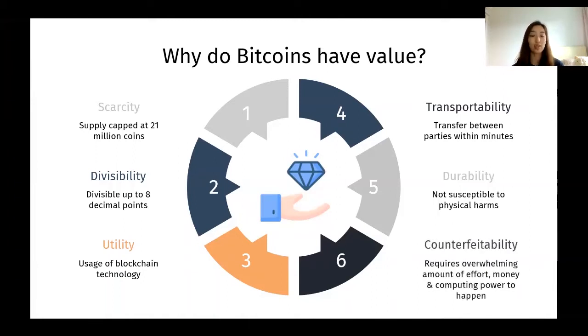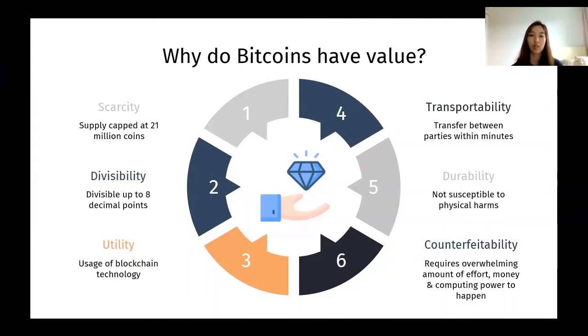And lastly, counterfeitability. Bitcoin is incredibly difficult to counterfeit. The only way to create a counterfeit Bitcoin would be by executing a double spend. So it's very unlikely, given the size of the Bitcoin network, as a group of miners would need to control more than half of all the network power to dominate the remainder of the network to falsify records.